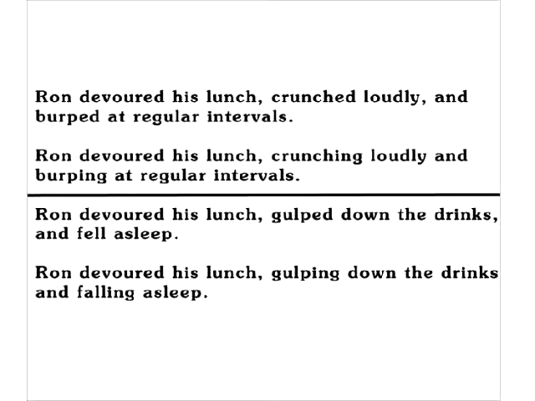In the bottom two sentences, the ideas are devouring the lunch, gulping down the drinks, and falling asleep. So 3 ideas, 3 actions in this sentence. The first is devouring the lunch. The second is gulping down the drinks. And the third is falling asleep.